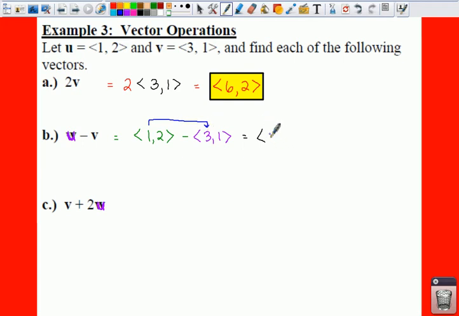So we're going to take 1 minus 3, comma, then we're going to have to take our 2 minus 1. You have to go in the correct order it gives you. So you have to do u minus v. You can't take v minus u. When you simplify those, 1 minus 3 gives you a negative 2. 2 minus 1 gives you a 1. There is u minus v.